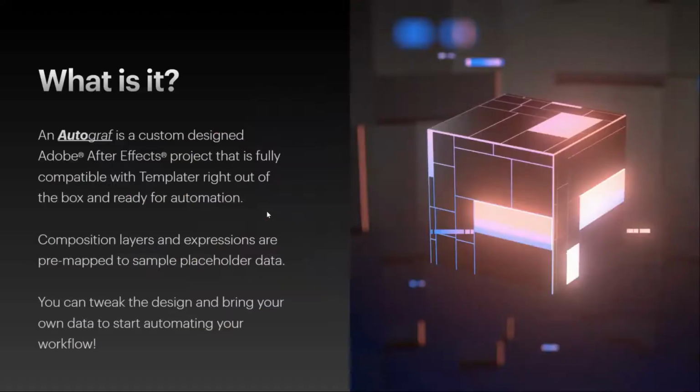So that's a little bit about how we derived the name, but what are they specifically? Well, an autograph is an After Effects project file that is fully compatible with our Templater software, right out of the box. It ships with sample data. What that means is that composition layers and even the expressions of those layers inside of the AE project are already pre-mapped with data that the author has rigged up.